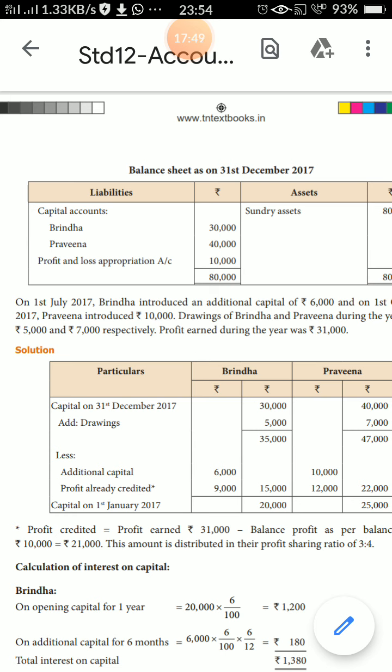The total interest on capital is 1,380 rupees. Remember, interest on capital is calculated on the opening capital amount only.